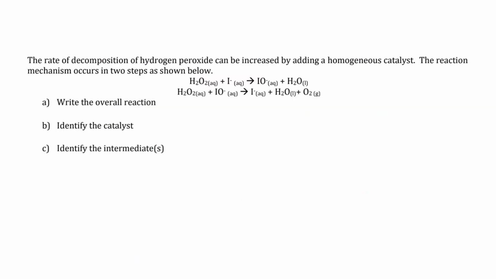The rate of decomposition of hydrogen peroxide can be increased by adding a homogeneous catalyst. The reaction occurs in 2 steps seen below. Write the overall reaction, identify the catalyst, and then identify any intermediates. So let's see. So let me do it this way.